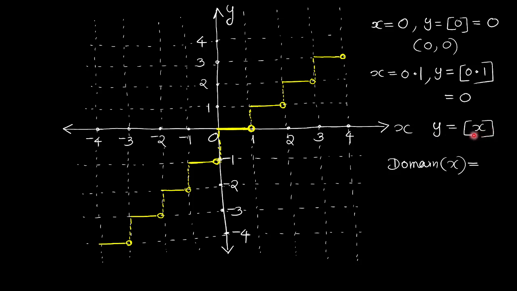Yes. Whatever real value for x, the function is valid. You can find the greatest integer value for all real numbers. x can be a positive number, a negative number, a fraction, or an integer. So x can be any real number, including fractions.